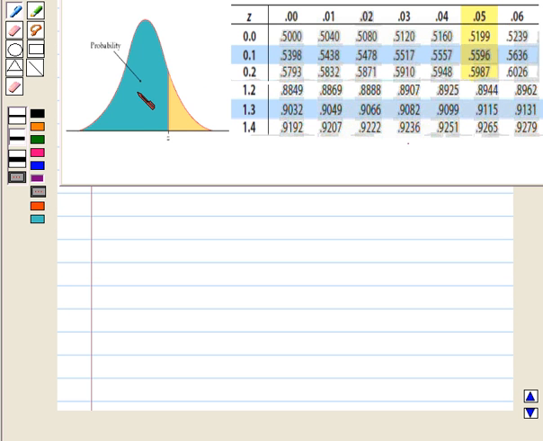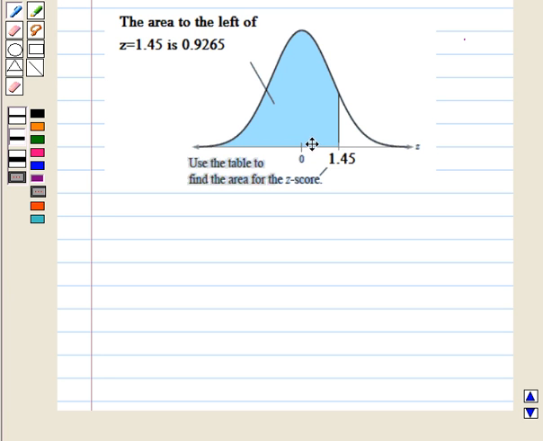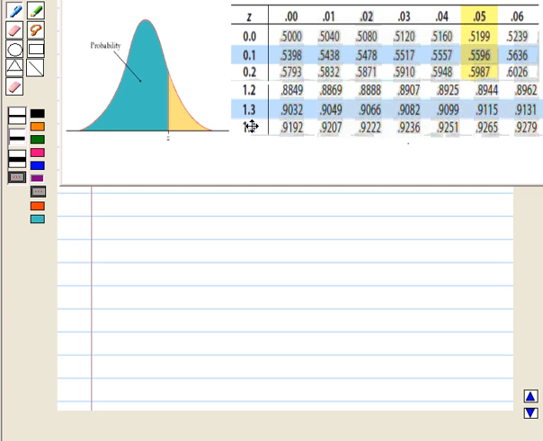Now see this curve given here. This shows the table entry for z under the standard normal curve to the left of z. Now, the z value is 1.45. So, we find 1.4 in the left column. Then, we move across this row to the column 0.05 and there we find the value 0.9265.